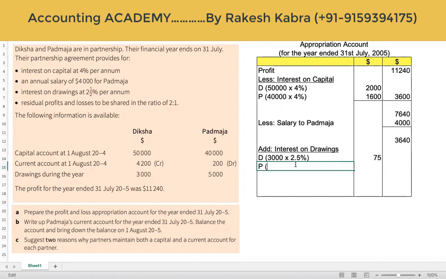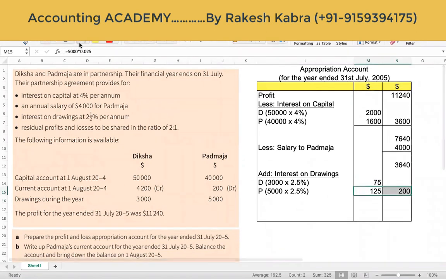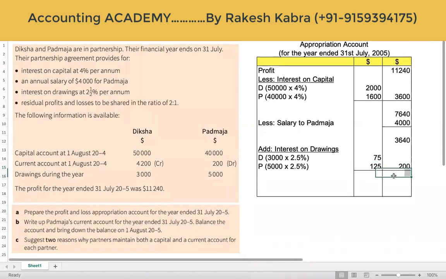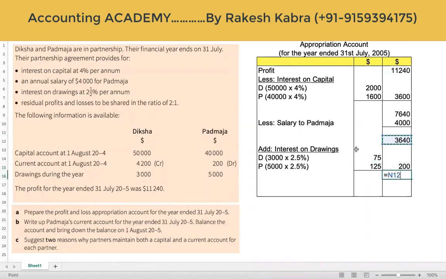What about Padmaja? 5,000 at 2.5% will be $125. So in total it will come to $200, and we need to add it to the profit. Whatever profit we get after that will be known as residual profit. So 3,640 plus this 200 is the residual profit.